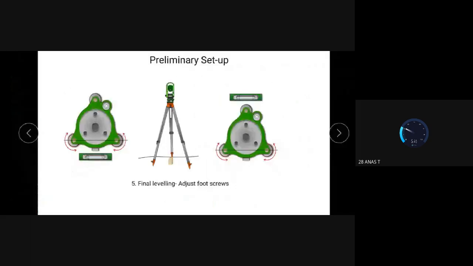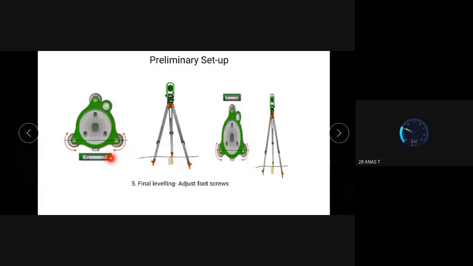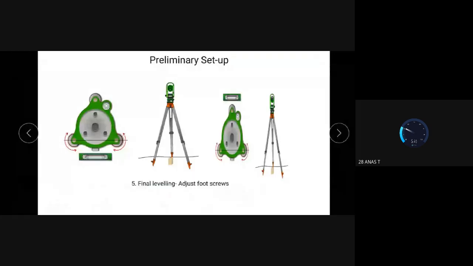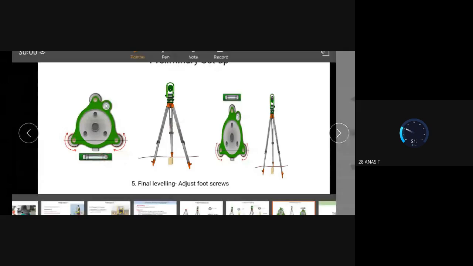The next preliminary adjustment is centering the bubble tube I have mentioned. The procedure is that we have 3 foot screws. We can rotate this total station about the vertical axis, and we keep the bubble tube parallel to any two of the foot screws.